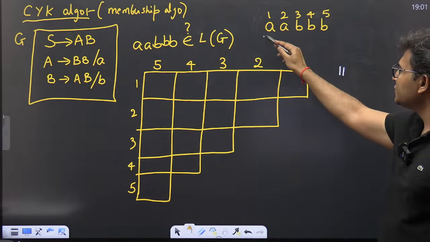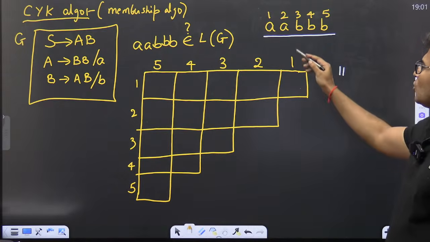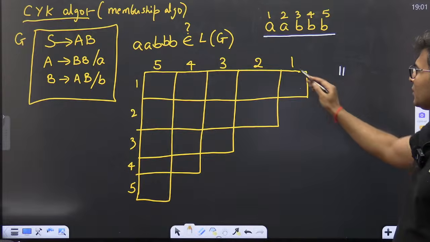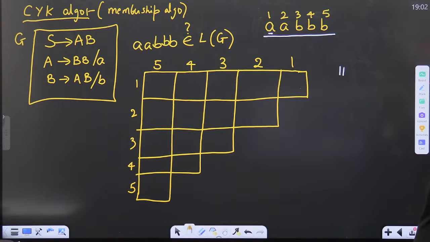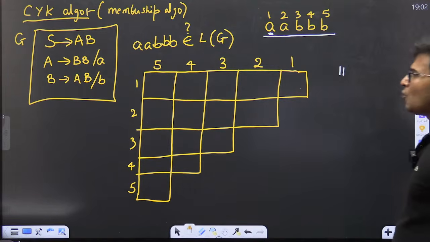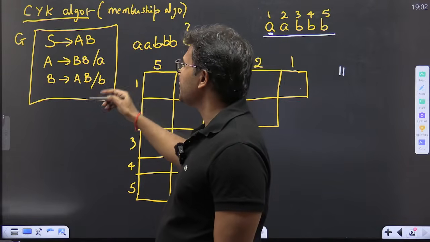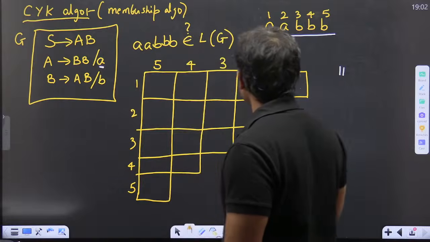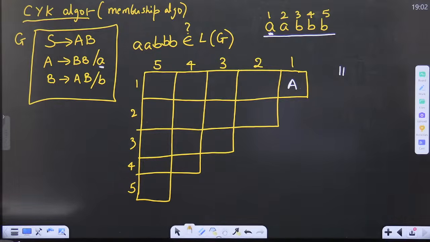In this string, it starts with position 1 and ends at position 1, which means simply A. Now go to the grammar and see what are all the variables generating A. Here you have only one variable generating A, that is A.